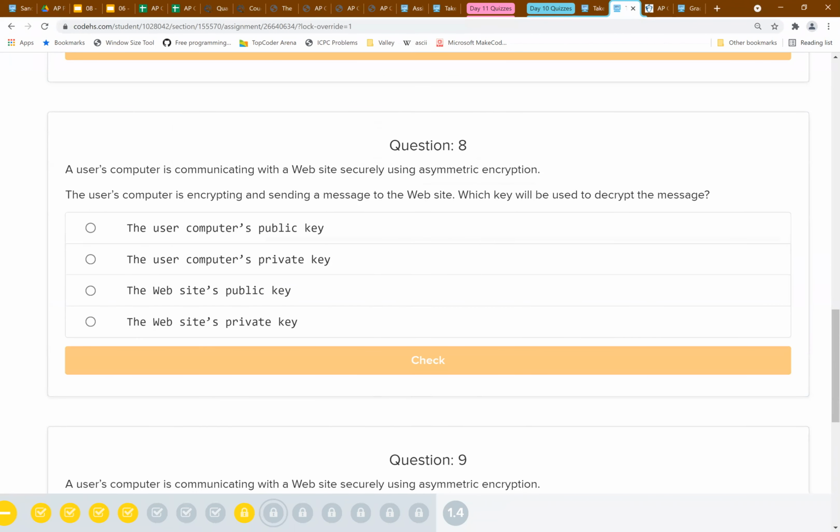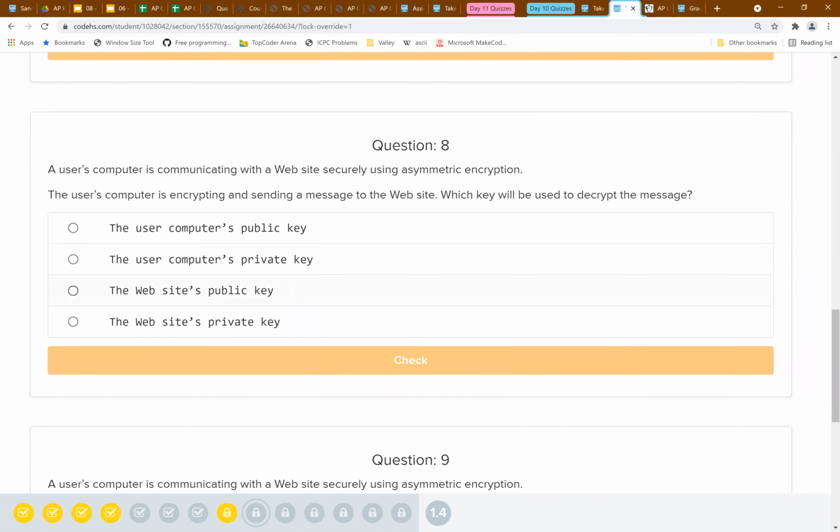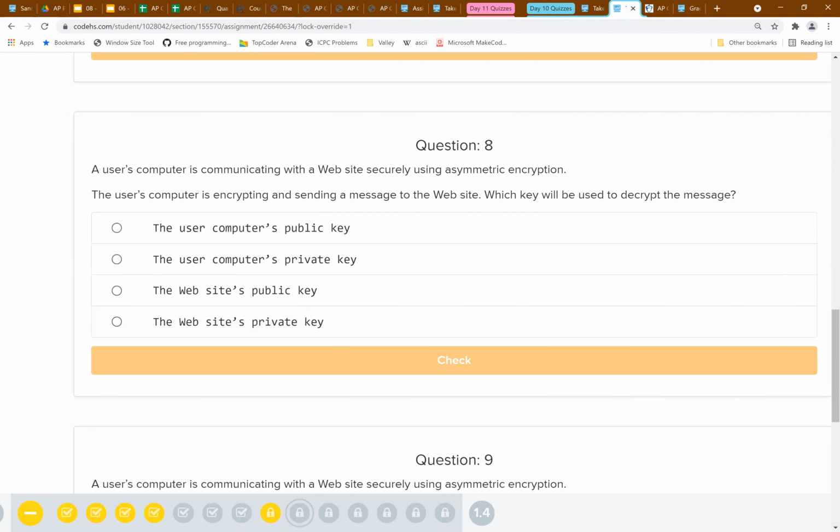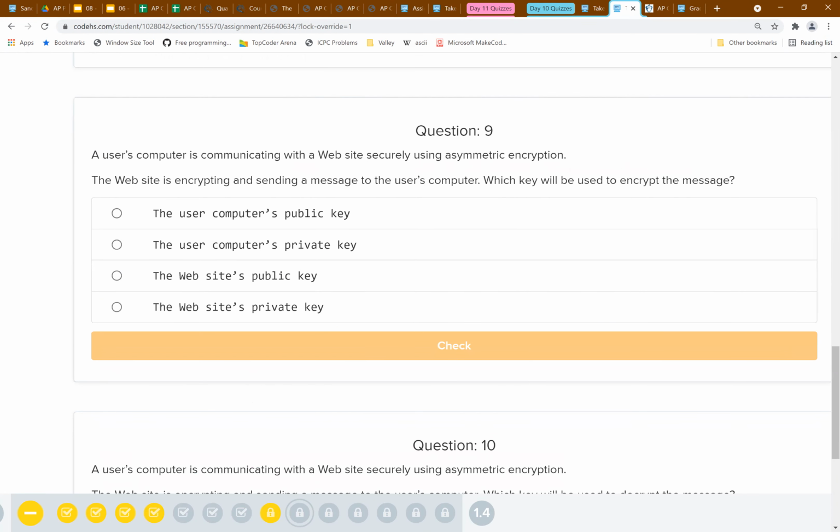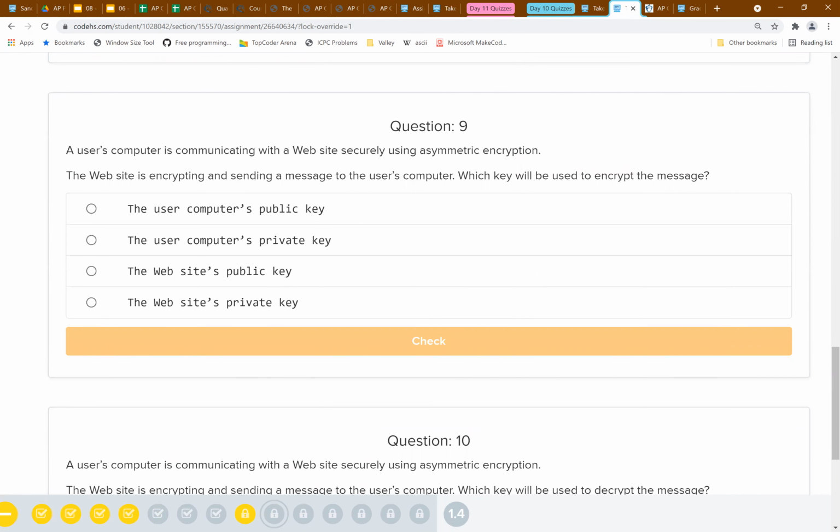All right, a user's computer is communicating to a website using asymmetric encryption. The user's computer is encrypting and sending a message to the website. Which key will be used to decrypt the message? I kind of just answered this. The website's private key will be used to decrypt because we use their public key to encrypt the message. All right, same start. Website and computer are communicating.